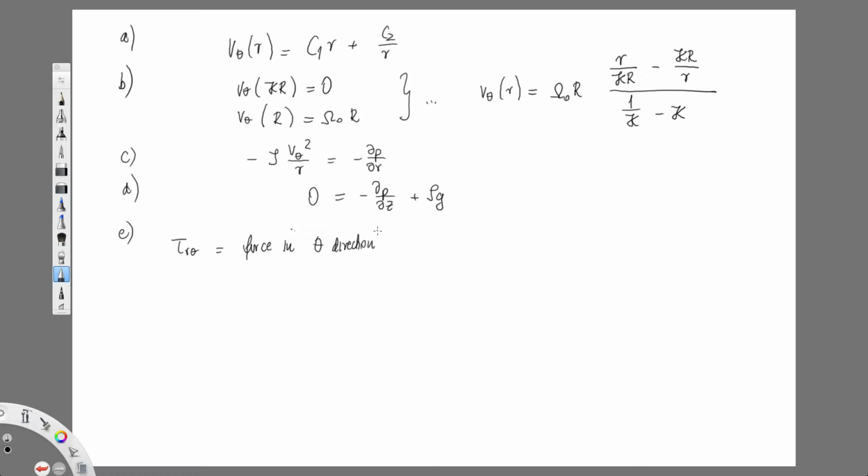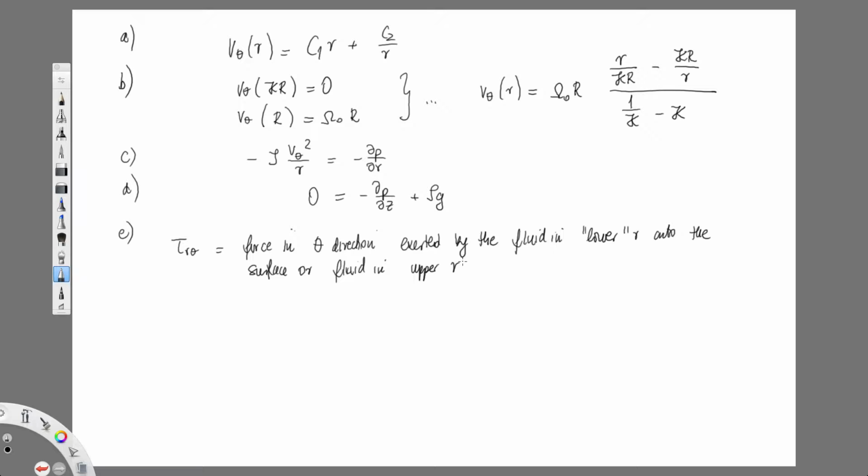Exerted by the fluid in the lower r, with respect to that solid, onto the solid, onto the surface, or fluid in upper r. Okay.